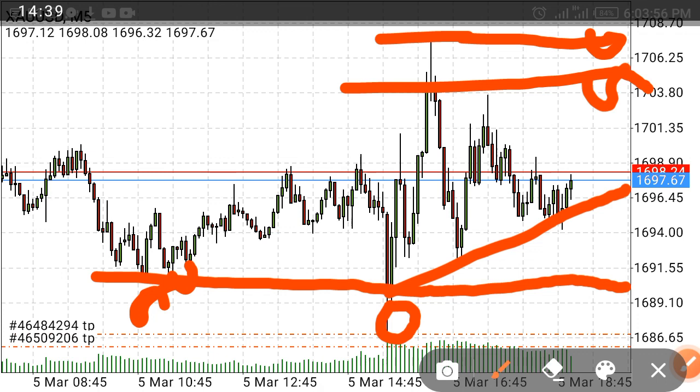This is what we call technical analysis. You analyze price based on the past histories, based on what has happened in the past, based on price action. This is history. It has happened. So that's it.